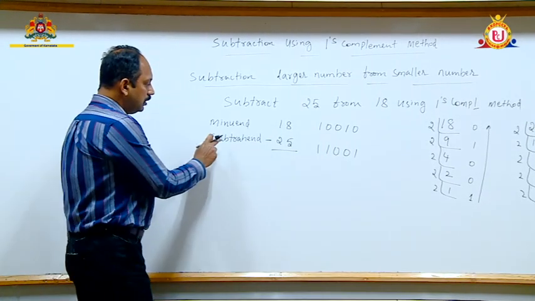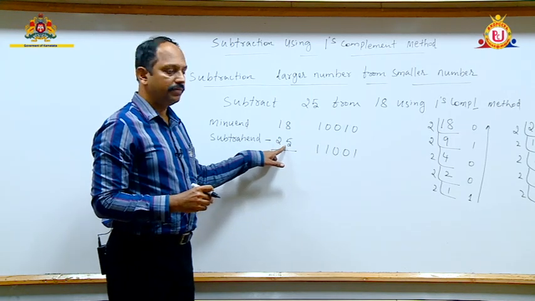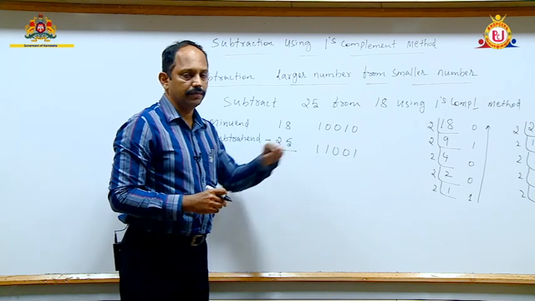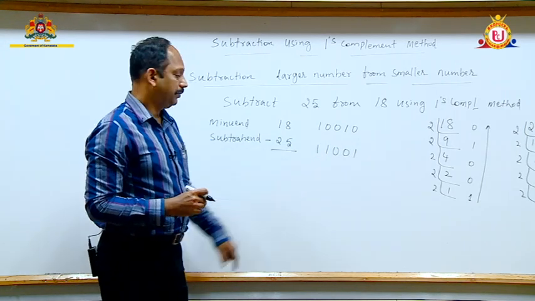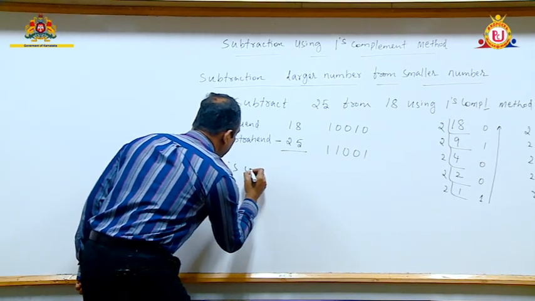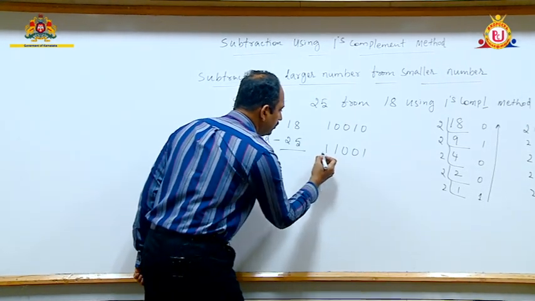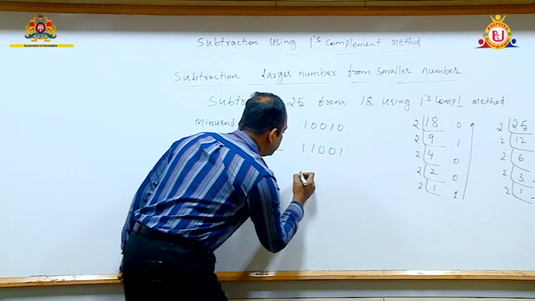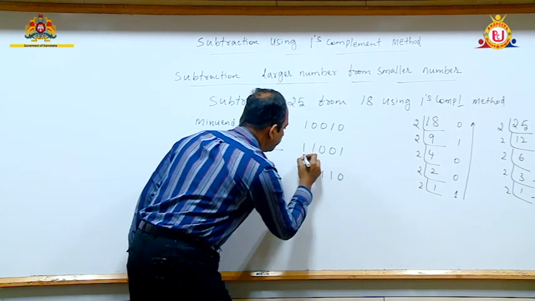Now, which one is the negative number here? Minus 25 is the negative number. The binary equivalent of 25 is 11001. We have to take this number and find the ones complement in the first step. So, the ones complement value, the value that appears at the subtrahend: this 1 is changed to 0, 1 is changed to 0, 0 is changed to 1, 0 is changed to 1, and 1 is changed to 0.